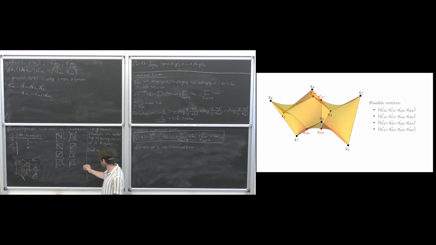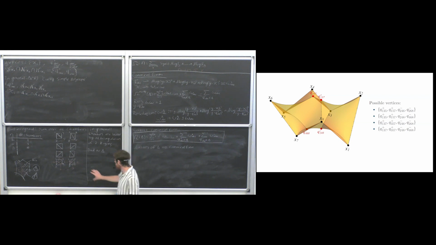If I draw the dual of these diagrams, 2, 4, 6, 8, 1, 3, 5, 7, so these are the dual of the triangulation of the two squares in this case.